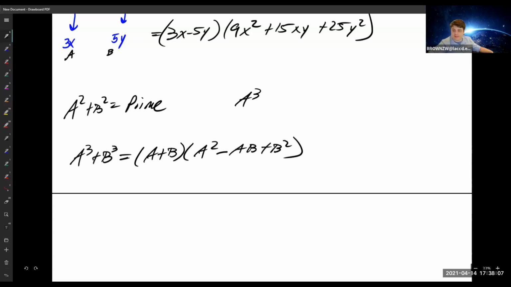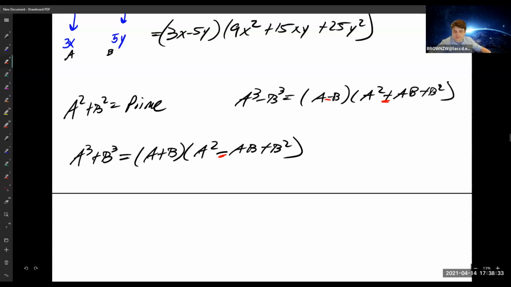The old formula we had, if we have a cubed minus b cubed, that was a minus b times a squared plus ab plus b squared. Basically, as we change this sign here, that flips that sign, and it flips that sign.